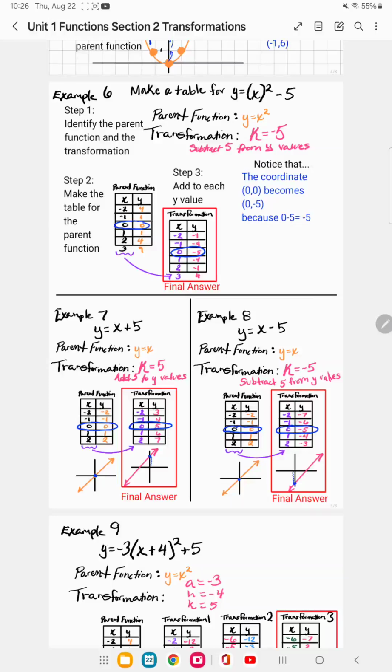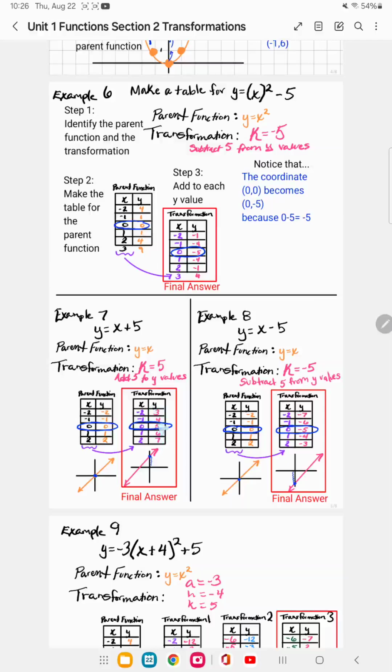So when you have your table, the parent function table is a little different now. If I have a -2 for x, that's here. That means that y just equals that number. So x and y are going to match each other, because here they equal each other. Whatever I put here, the same number goes next to it. But then I do my transformation.